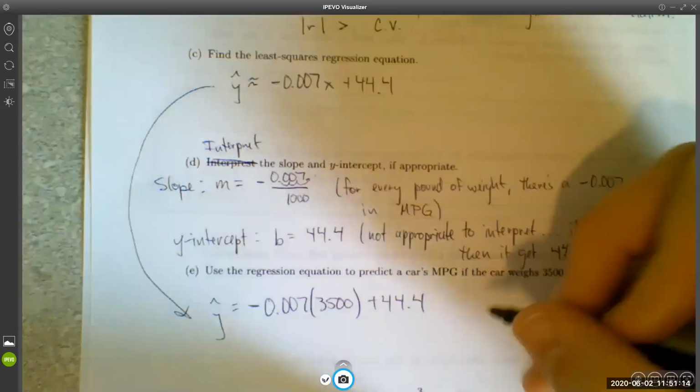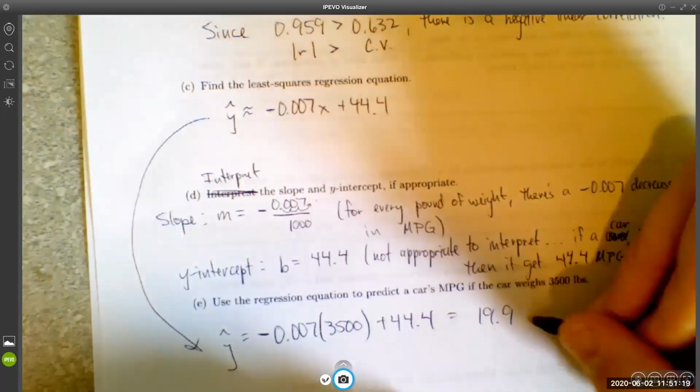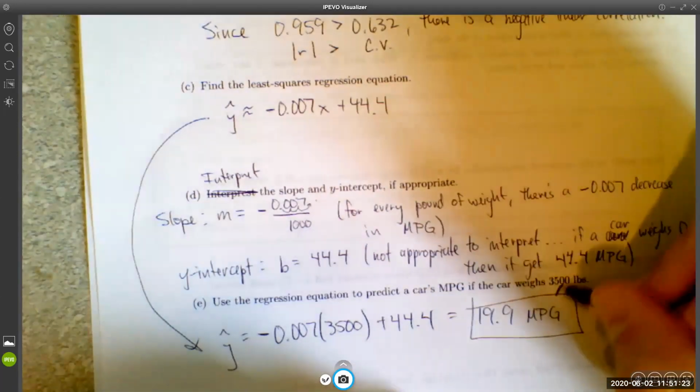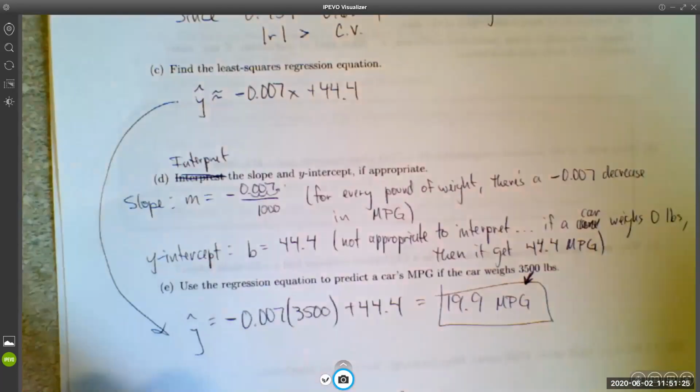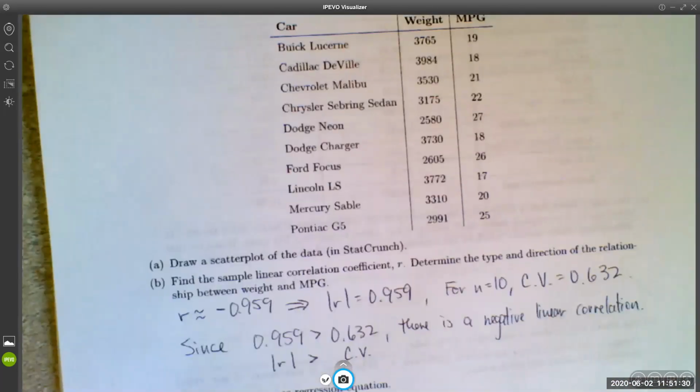That comes out to 19.9 miles per gallon. So if a car weighs 3,500 pounds, then it gets 19.9 miles per gallon. That would be our prediction. Okay, so that's how this works.